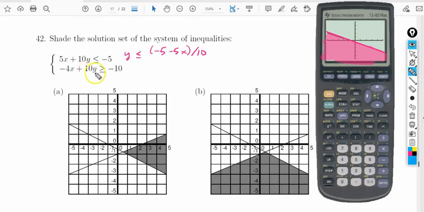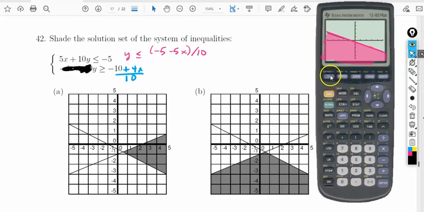Okay. Here, to get y by itself, I need to add 4x to both sides and then divide everything by positive 10. And that does not change the arrow. Adding 4x and then dividing everything by positive 10 does not change the arrow.